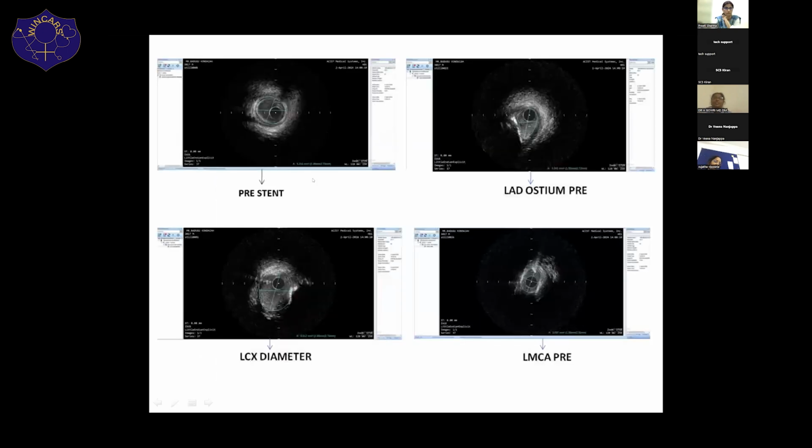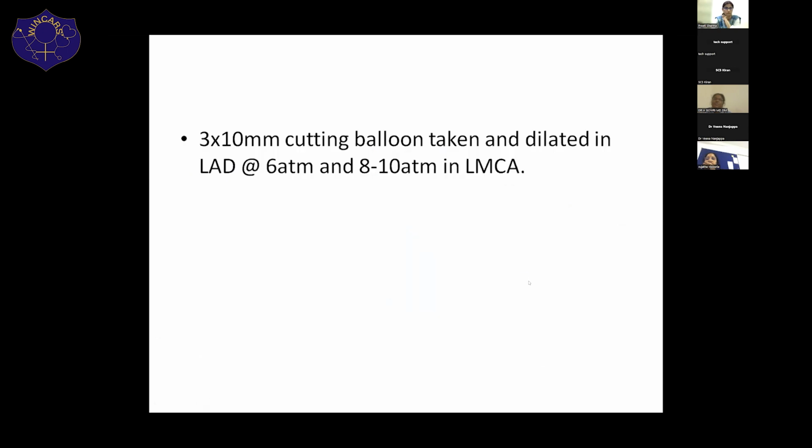Based on that, we can see the distal LAD area and the ostial LAD like this, and the LCX is very good, and the LMCA ostium is very tightly stenosed. So we decided that we would do provisional stenting from the ostial LMCA to LAD.